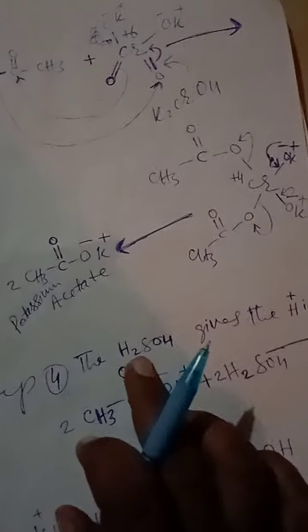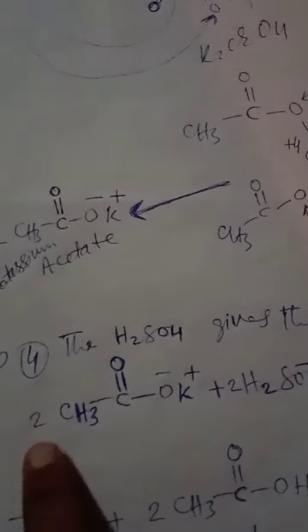Step 4: the H2SO4 gives hydrogen ions to the potassium acetate.